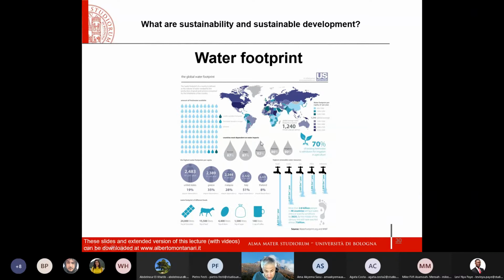The water footprint is basically the amount of water that is used by each country, including the virtual water transfer, which is the volume of water that is transferred between countries through the import-export of goods. And so when we import food, we actually import virtual water.